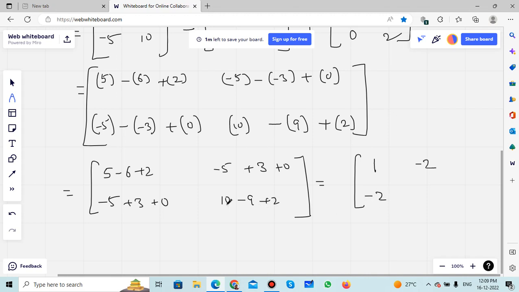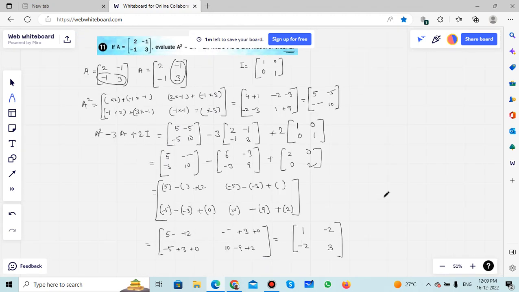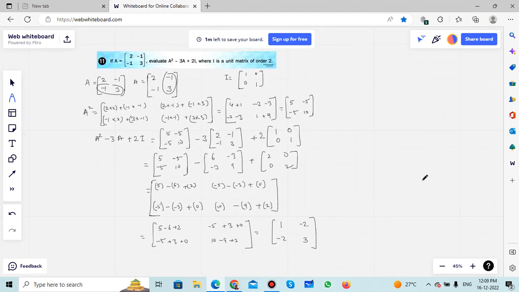And this will give you 10 minus 9 is 1, 1 plus 2 is 3. So did we get the answer? Yes, we have got the answer. This should be the answer here. This is A squared minus 3A plus 2I.